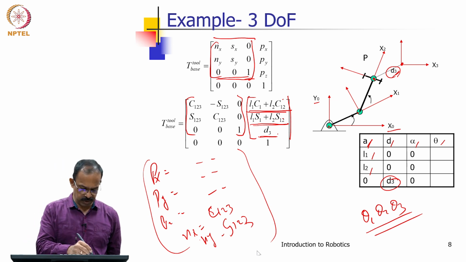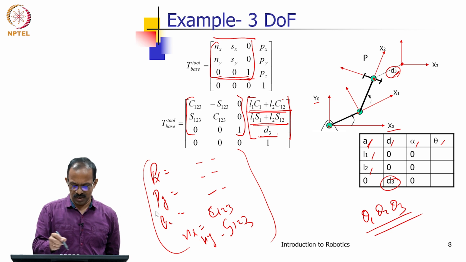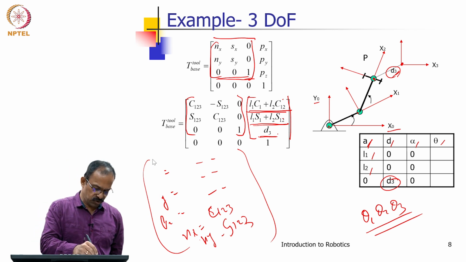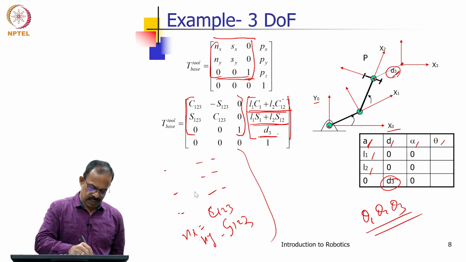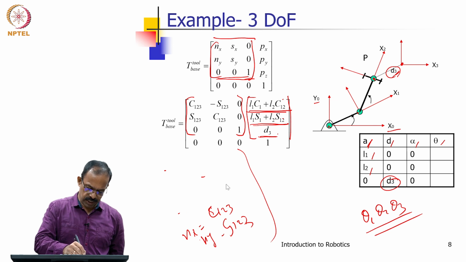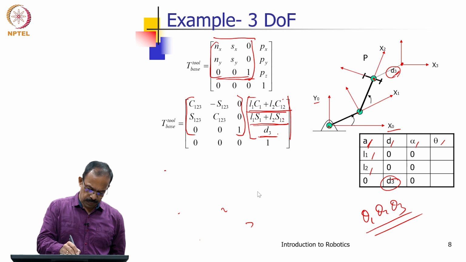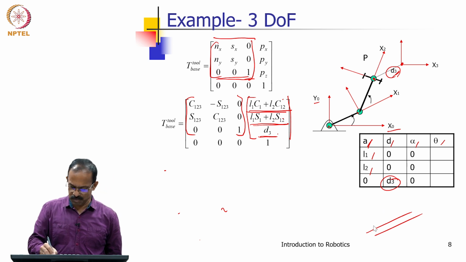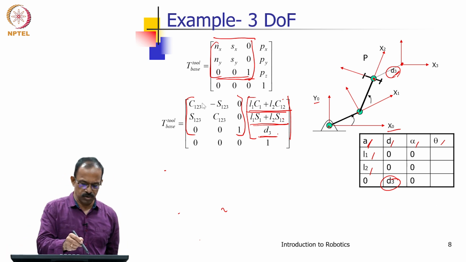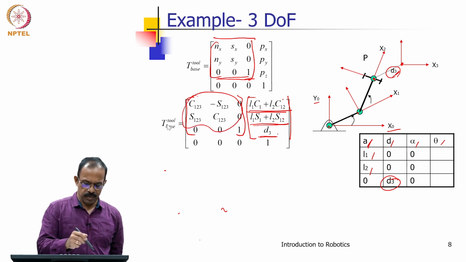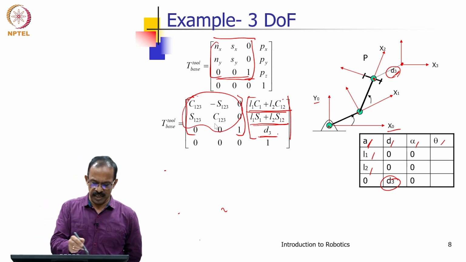As we saw in the previous case also, Px is L1 C1 plus L2 C12, and Py is L1 S1 plus L2 S12. If you square and add them you will be able to get theta 2. So, theta 2 can be solved using this method, and then theta 1 plus 2 plus 3 can be solved using this relationship because you have C123 and S123.